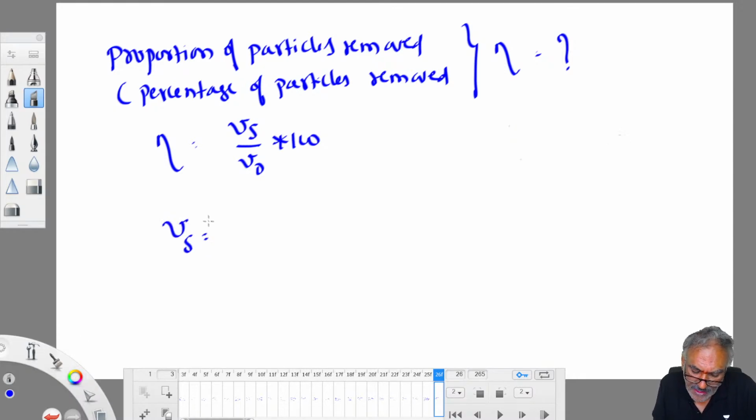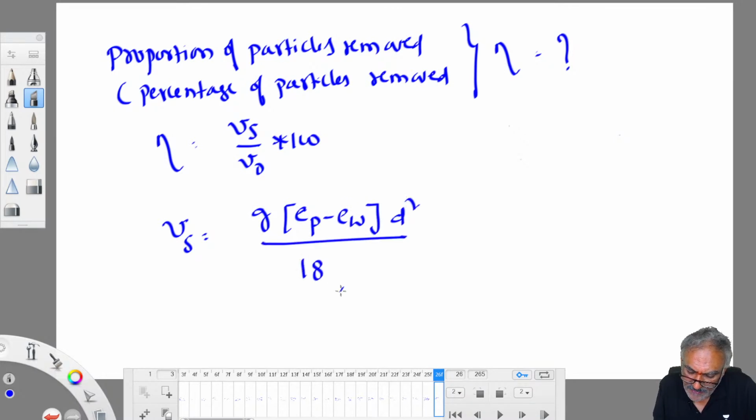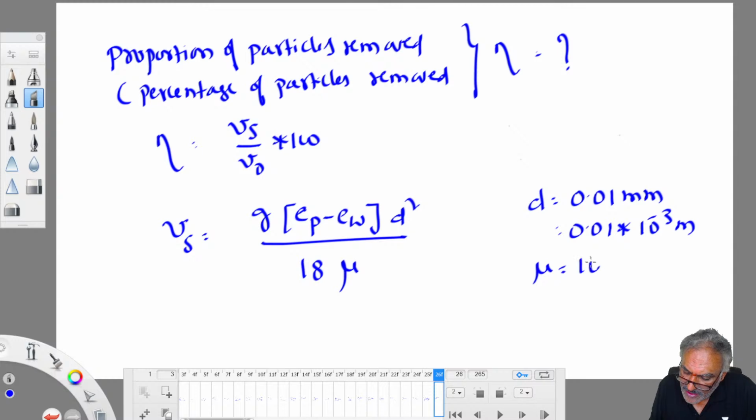So to find out settling velocity, the size of the particle is given. Dynamic viscosity is given. Therefore, I am using this equation. The size of the particle is 0.01 mm, so it is 0.01 into 10 power minus 3 meters. Dynamic viscosity is given. No need to convert, because 1 kilogram per meter second is 1 Newton second per meter square also.